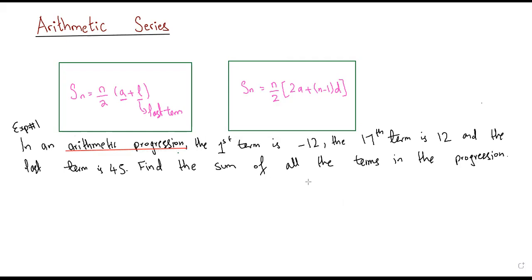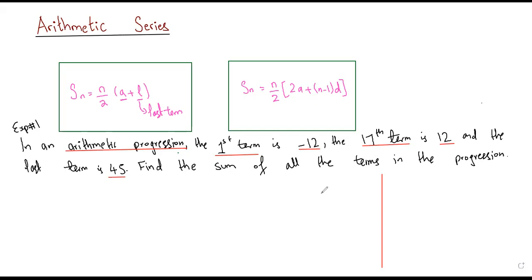So it says, in an arithmetic progression, the first term is minus 12. The 17th term is 12 and the last term is 45. Find the sum of all the terms in the progression. I will not write down the solution, I'll just give you an idea.